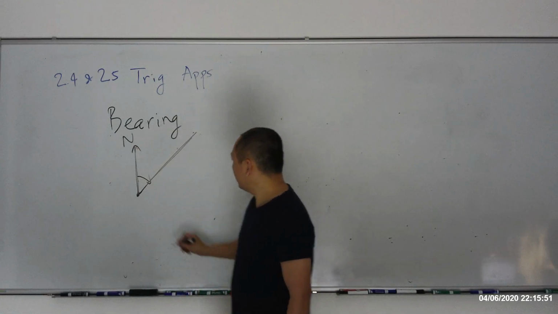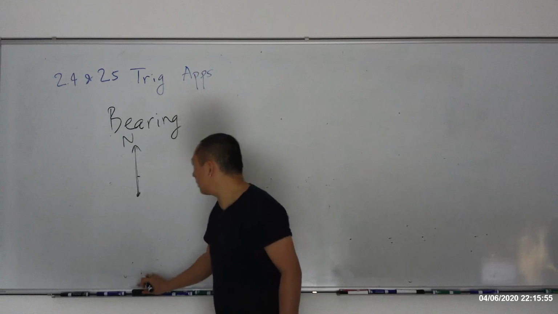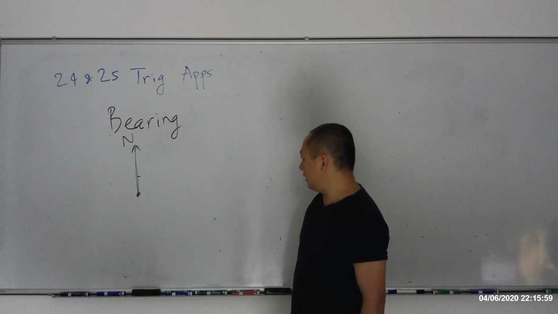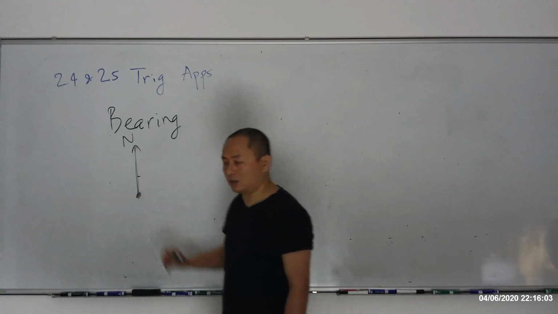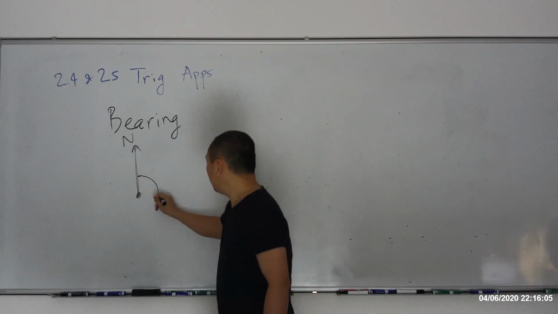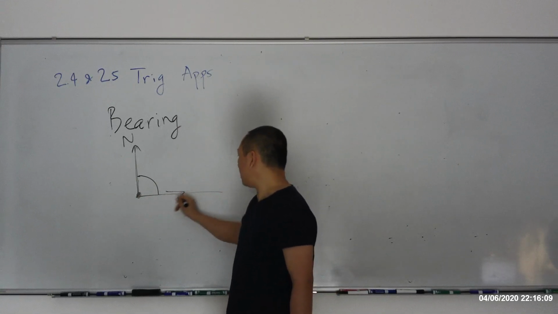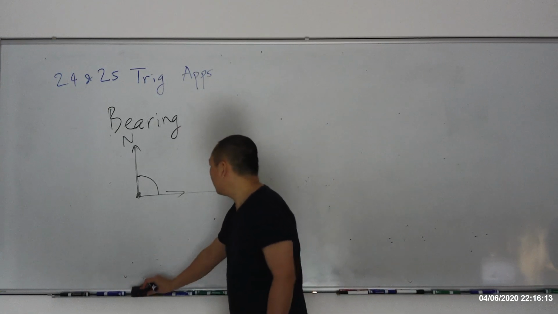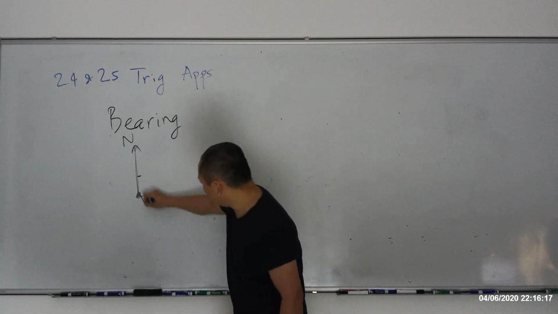So if they say the ship's moving in the direction of 90 degrees from north, it means what? From the north axis right here, the ship is right here, you go clockwise by an angle of 90 degrees, and this is the direction where the ship is moving. But it could say a direction of 150 degrees.